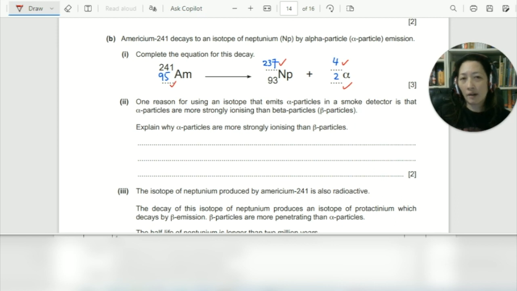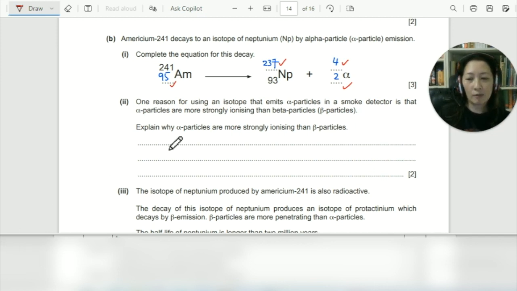So if you can recall what you've learned about the differences between alpha and beta, alpha is a lot larger, which makes it easier for it to ionize, but we don't really talk about its size or its mass because those are not the key considerations when it comes to ionization. So ionization is the ability to make other particles become charged.